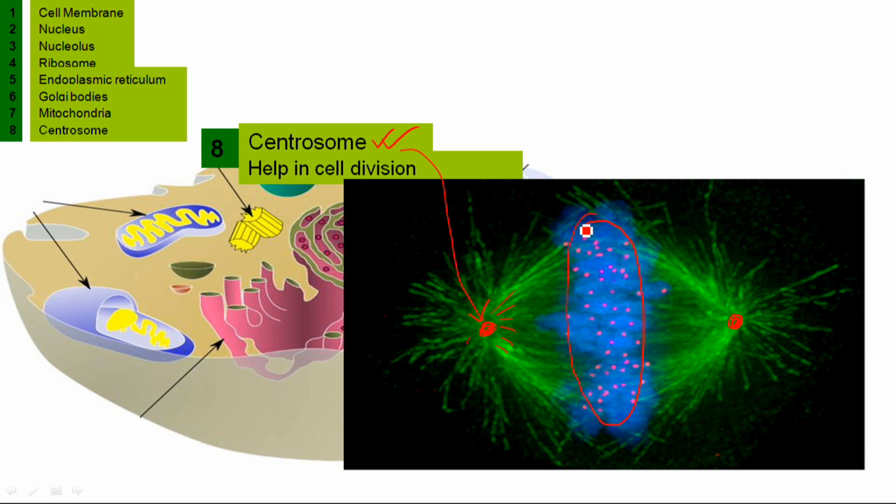During the cell division, the chromosomes need to be separated in an equal way. We have 46 chromosomes. So during the cell division, only one set of the chromosomes, for example 23 chromosomes, are separated to a specific site, and the other 23 are separated to the other side of the cell. This function is done by the centrosome in a very specifically arranged way.